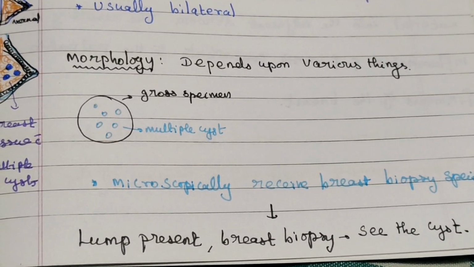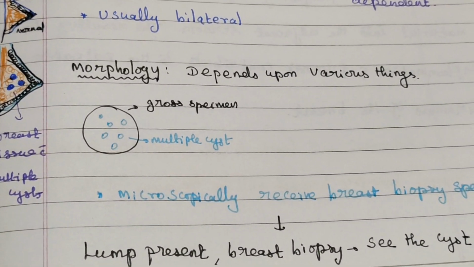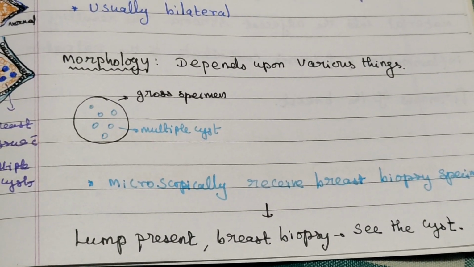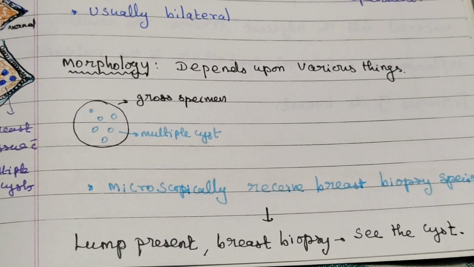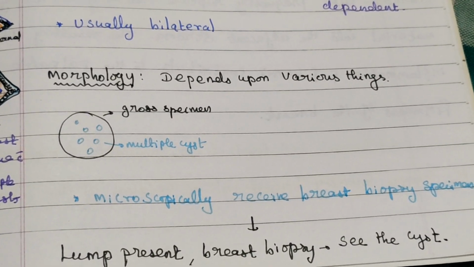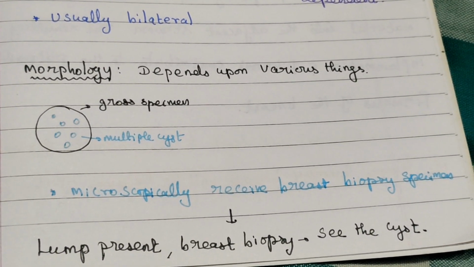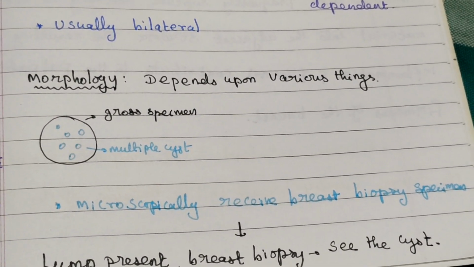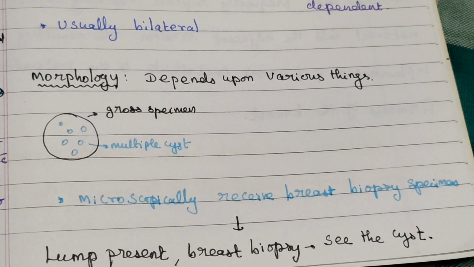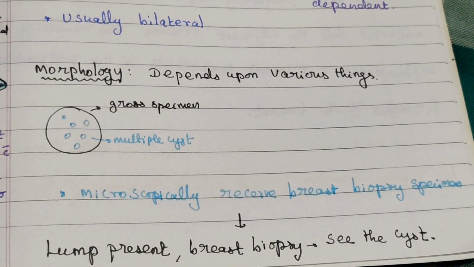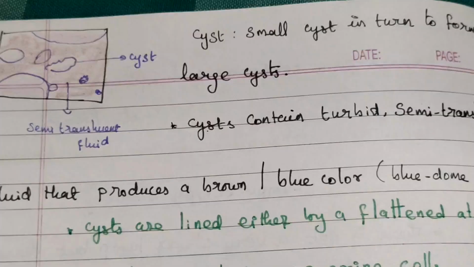So mastectomy specimens are not received. Microscopically, you receive a breast biopsy, where a lump is present, and we find the cyst using the biopsy.